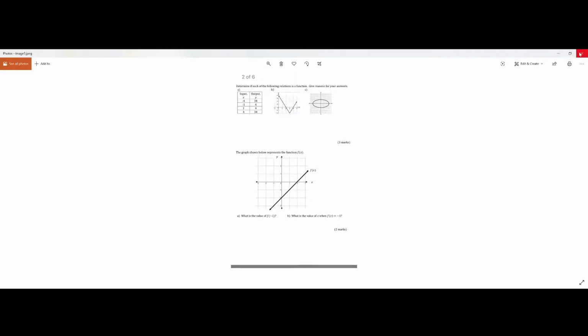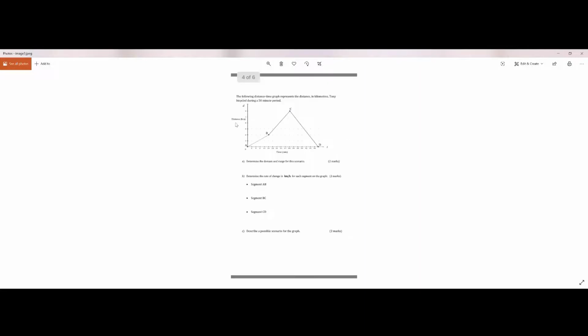Okay, let's look at another. So here, look at this graph. The following distance-time graph represents distance in kilometers Tony bicycled during a 50-minute period. So this is the time and this is the distance he's traveled. Determine the domain and range for this scenario. So the domain is the x value.